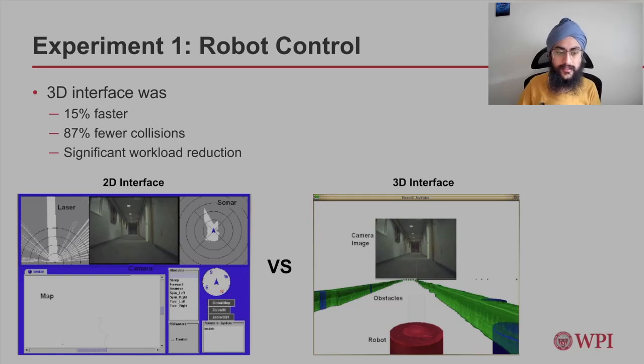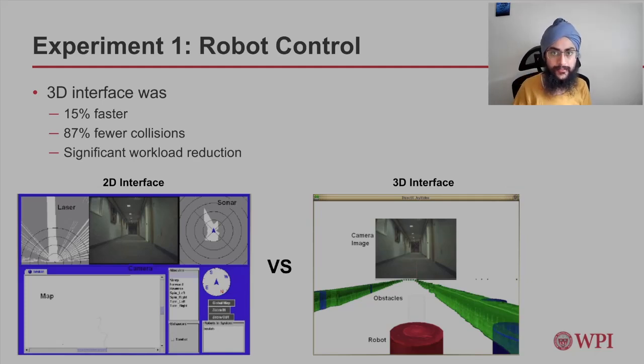And so yeah, some of these trials were done in a simulated environment, and some of them were done in a real environment. And overall, they found that with the 3D interface, users were 15% faster at completing the task.